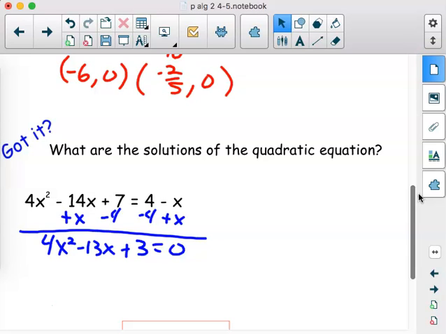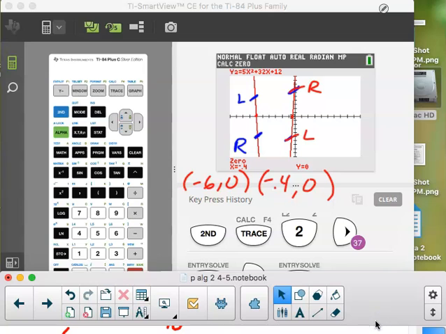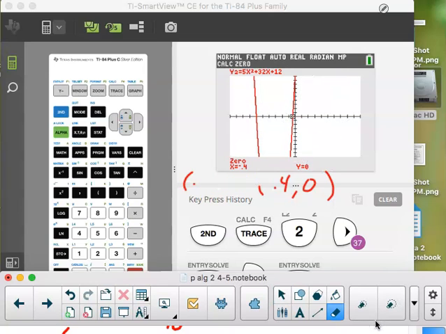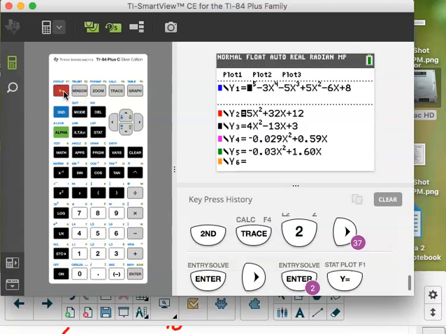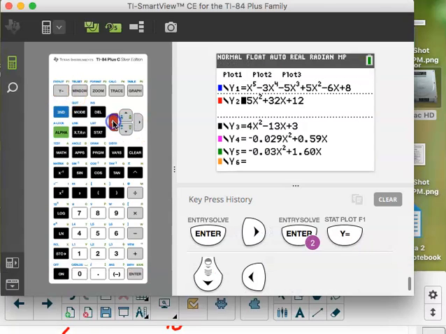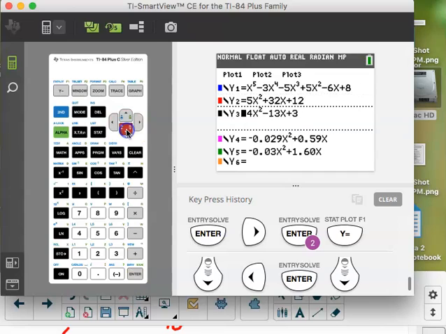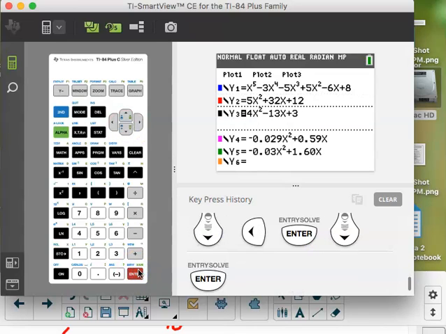Where do we put this into the calculator? The y. Yeah. So y equals, and like I said, I already put mine in so you guys didn't have to wait for me. But I'm just going to turn that one on.